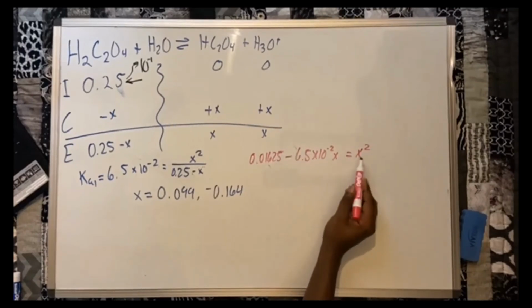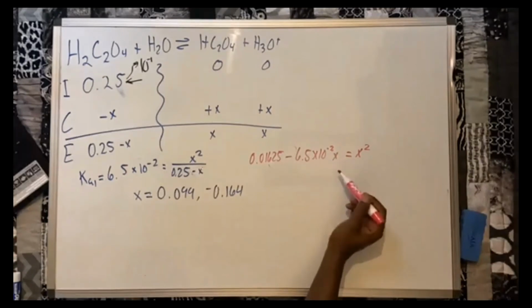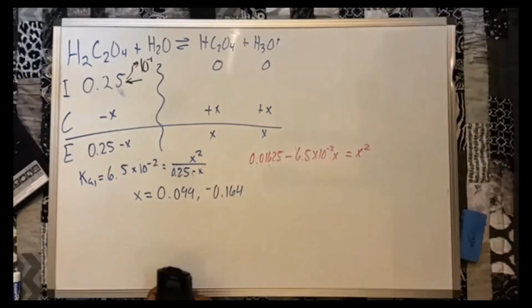It doesn't matter what side you move it on. As long as you keep your signs right and don't flip a random sign, you'll get the same thing. I got the same values for x as you. Awesome. Yeah, I did too.